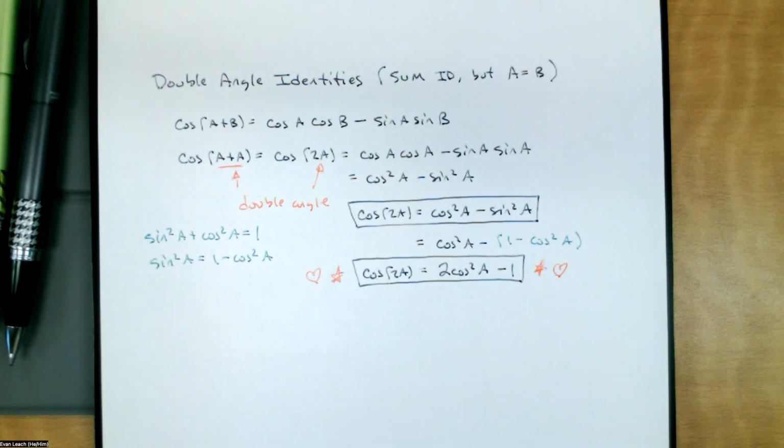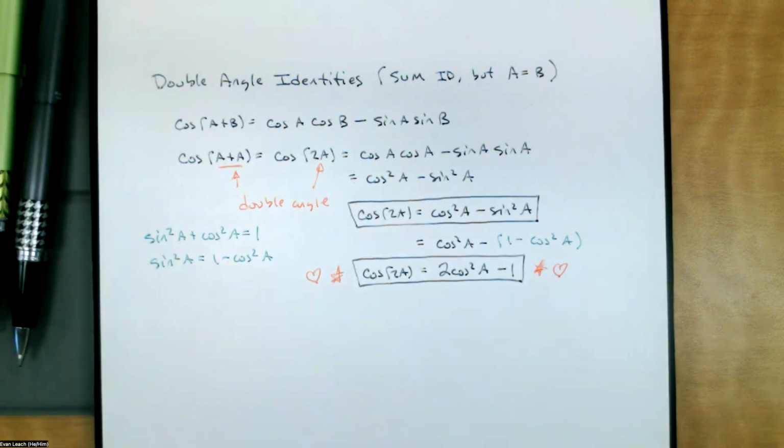Because I can't leave things alone, I just replace sine squared with 1 minus cosine squared. You might be thinking, what about replacing cosine squared with 1 minus sine squared? And I'd be like, oh, heck yes, I'm going to do that. But not in orange, it's going to be in blue.